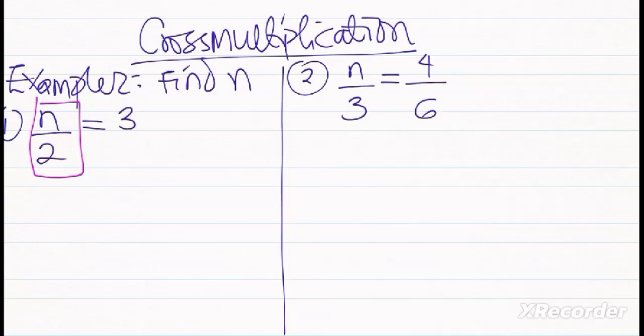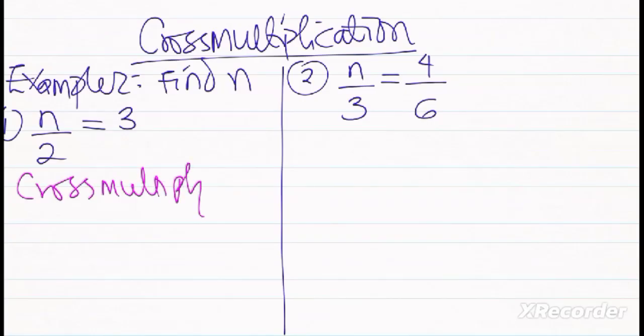Fraction means that either the alphabet we are looking for is on top of another number, or another number is on top of the alphabet we are looking for, and it is equal to another number. So this is how it will be before you think of cross multiplication. So there must be a fraction involved. So you first of all write the grammar: cross multiply.